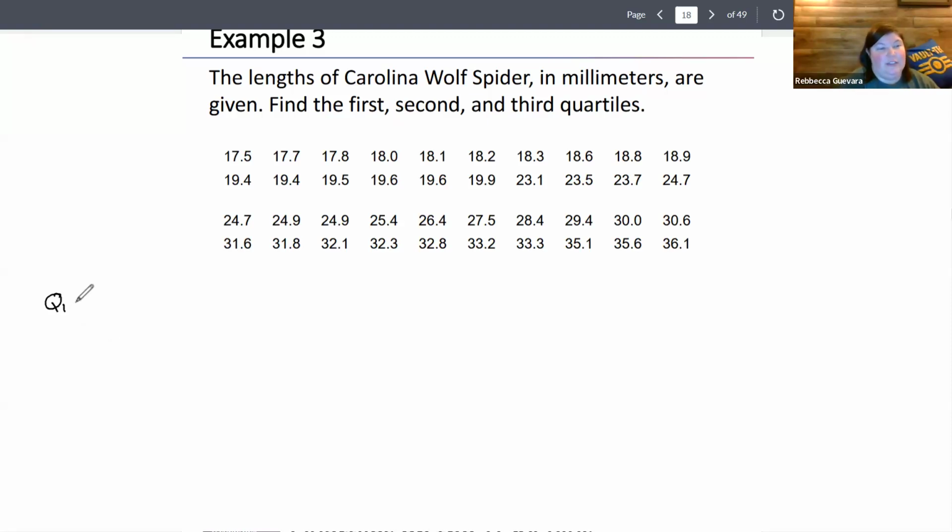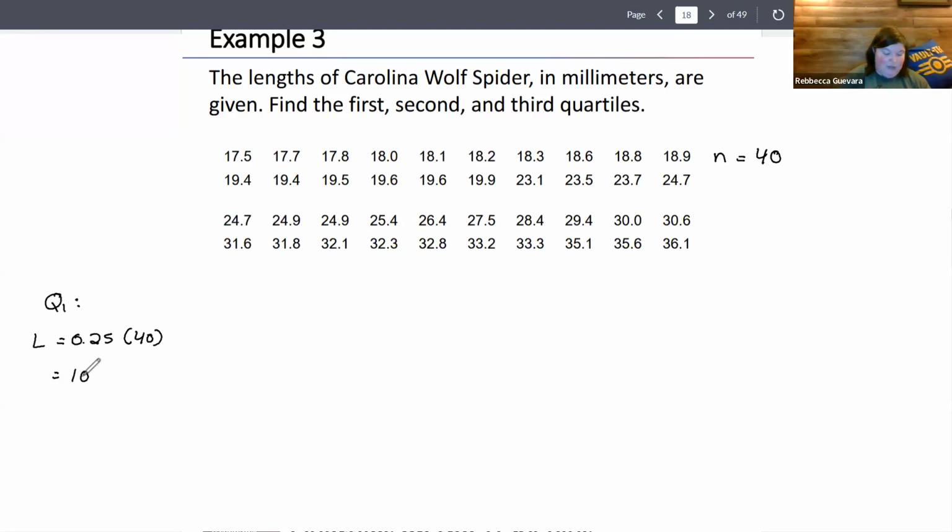So my first quartile, if I want to find the location, and we know in the past, there are 40 spiders here. So we are going to take 0.25 times 40, and this is going to give me 10 exactly.